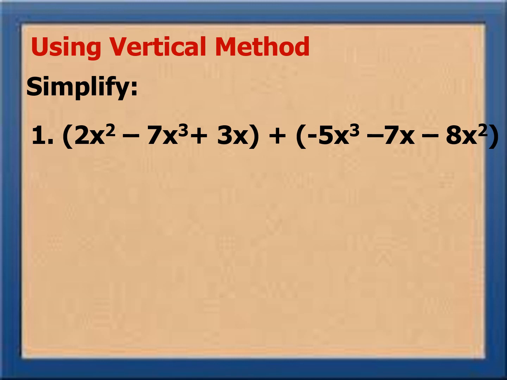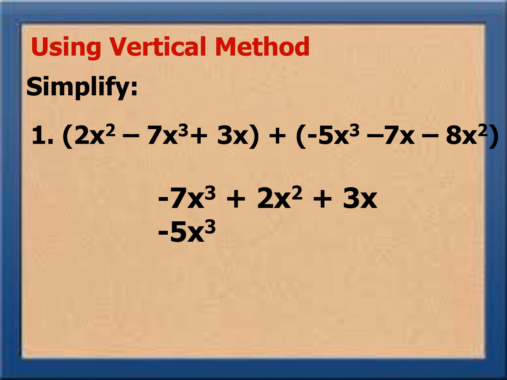So we have first -7x cubed plus 2x squared plus 3x. Are we going to arrange the polynomial in descending order? Yes, so it is easy for us to perform the operation. Next, negative 5x cubed minus 8x squared minus 7x.